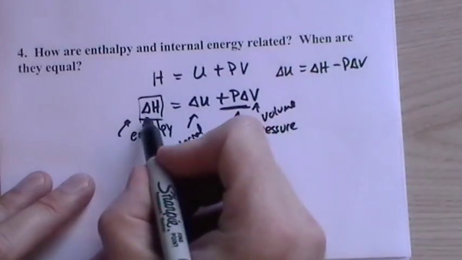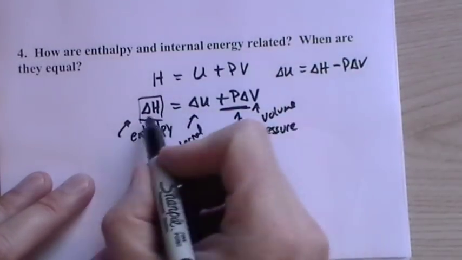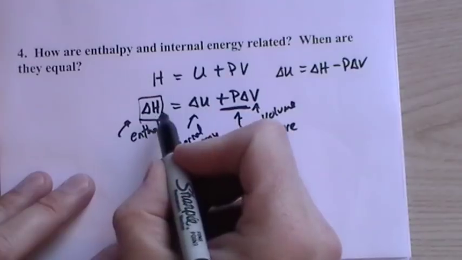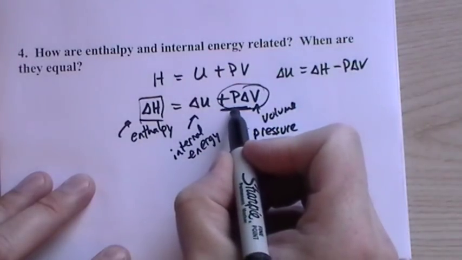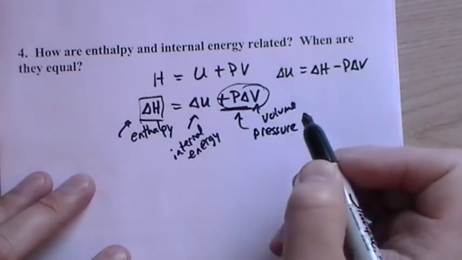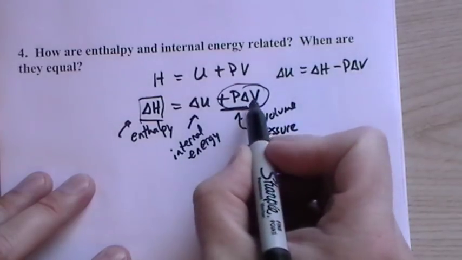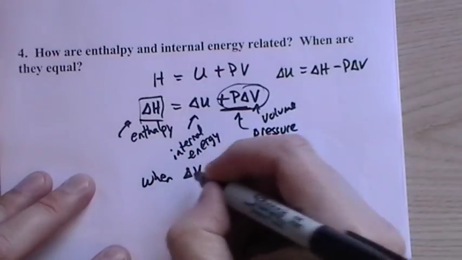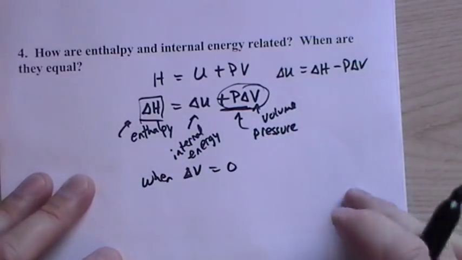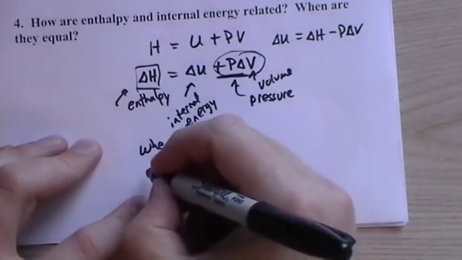So when are they equal? The only time that the internal energy and the enthalpy are going to be equal is when this term is 0. Well, the pressure is constant, and we assume that it's not 0. We're not working in a vacuum, so it's only when delta V equals 0. There's two times that this can happen.